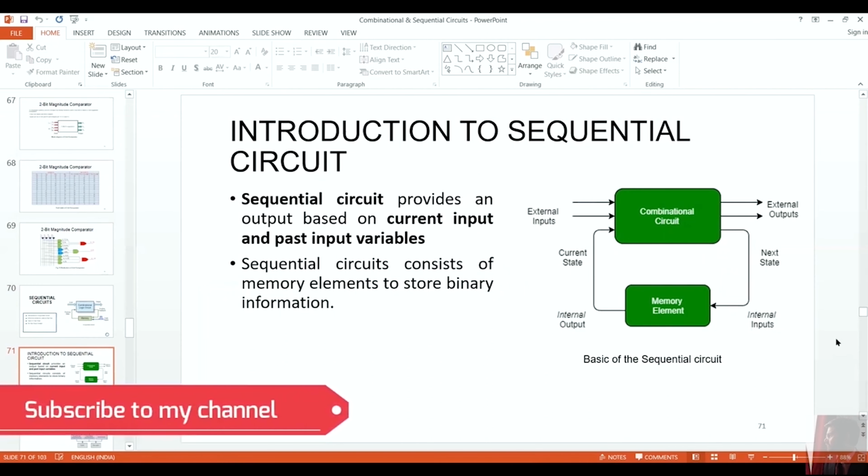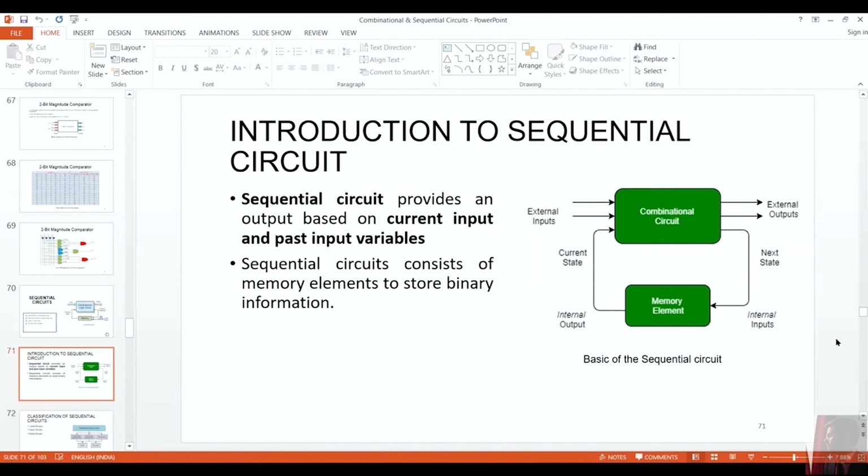I hope you remember when I talked about sequential circuits, I was talking about two concepts: the past value and the present value, the past value of the input and the present value of input.